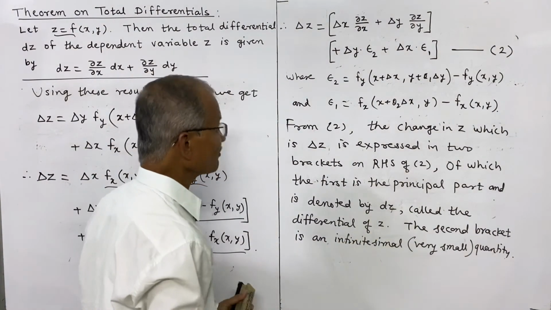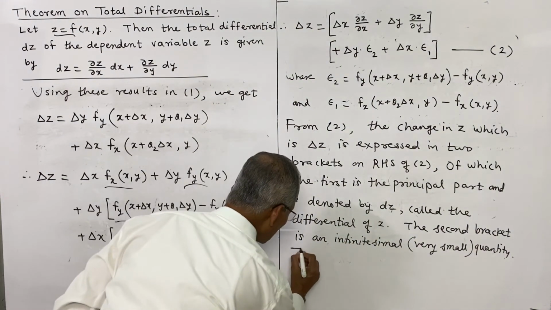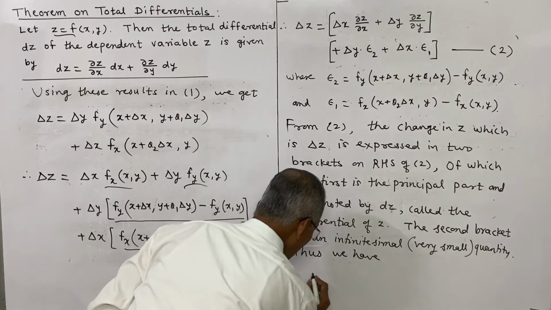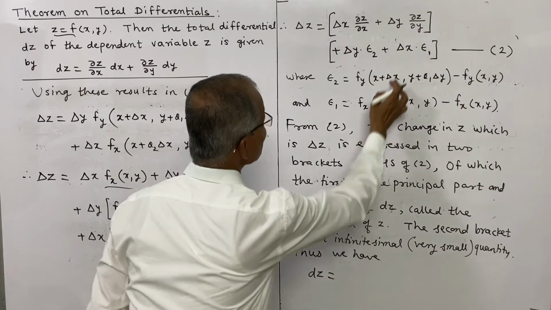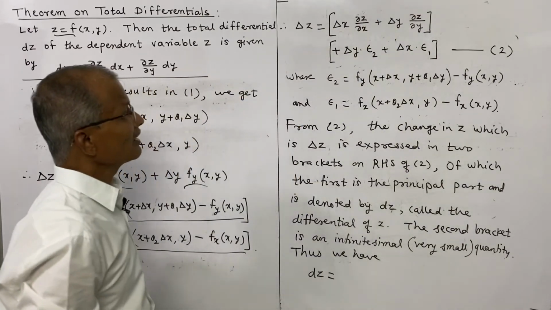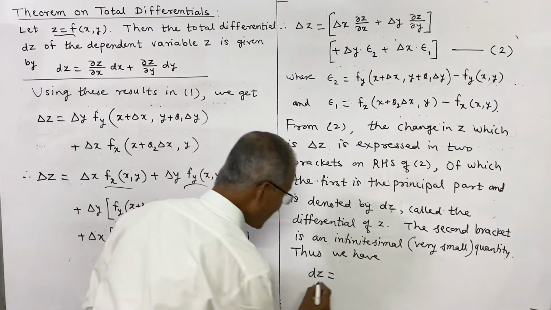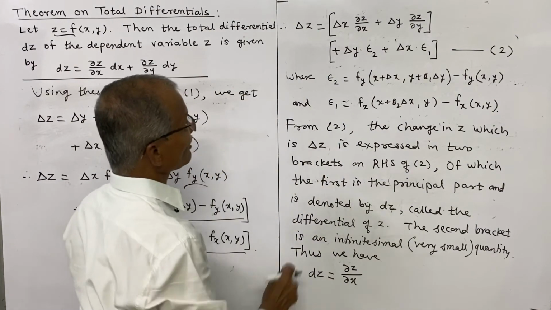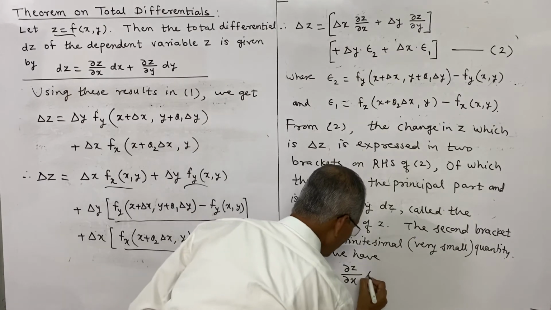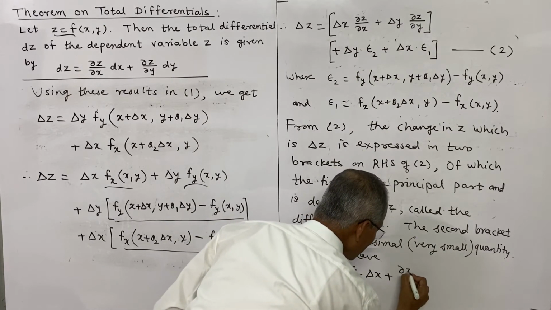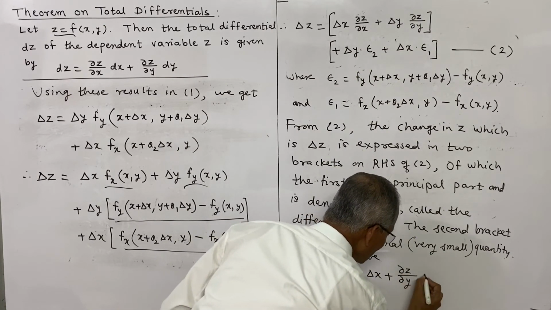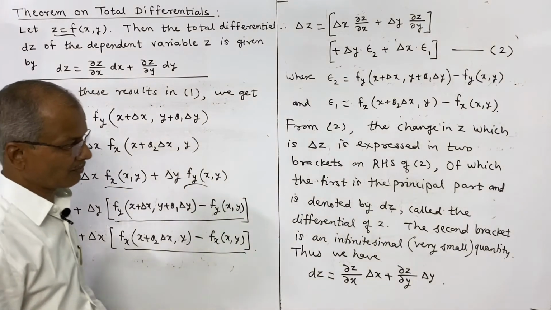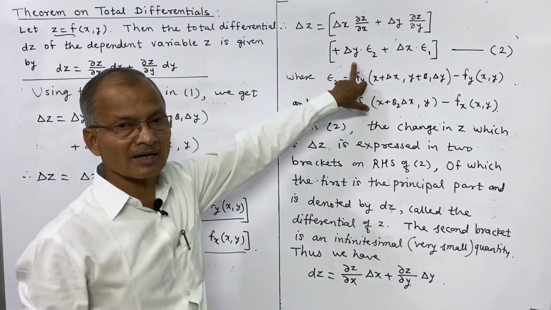So from 2, we have dz is this part: partial derivative of z with respect to x into delta x, plus partial derivative of z with respect to y into delta y. This is the principal part, and the second is very small.